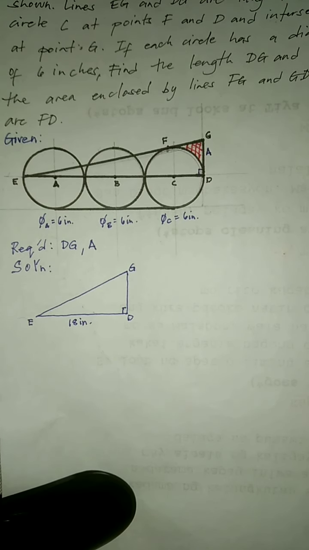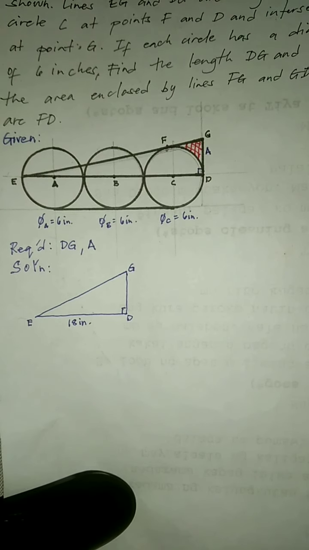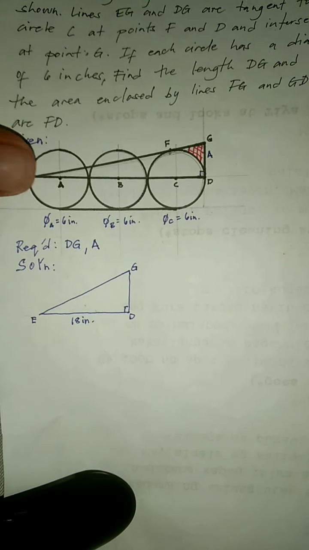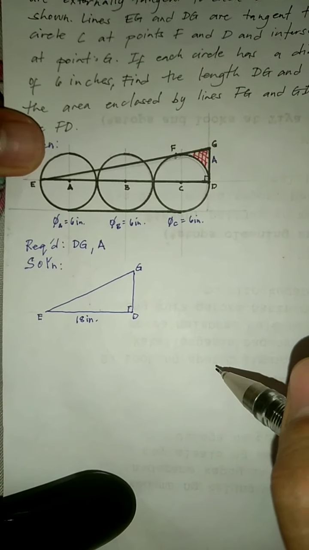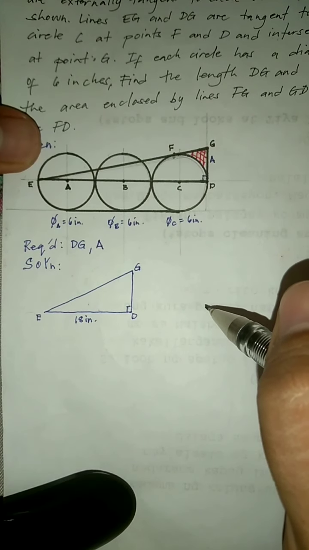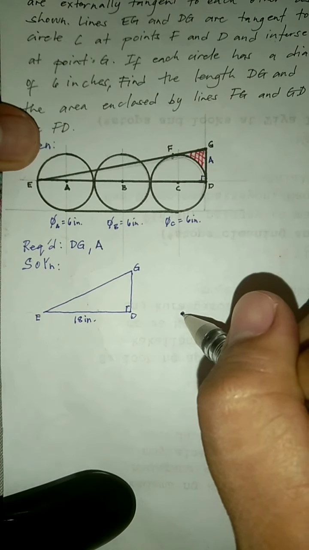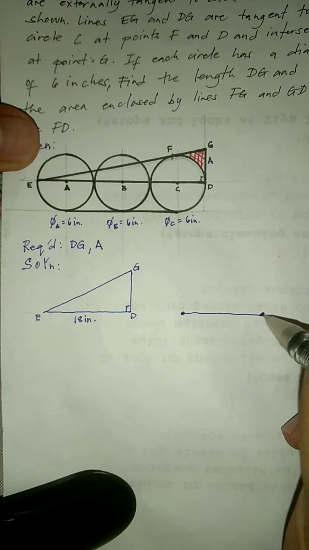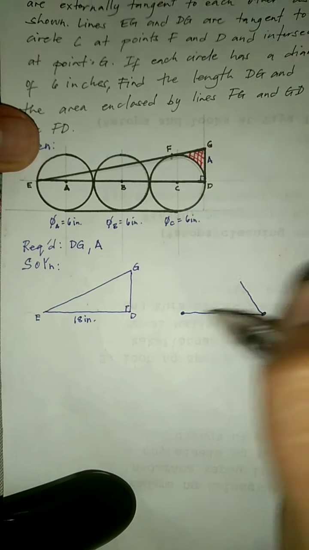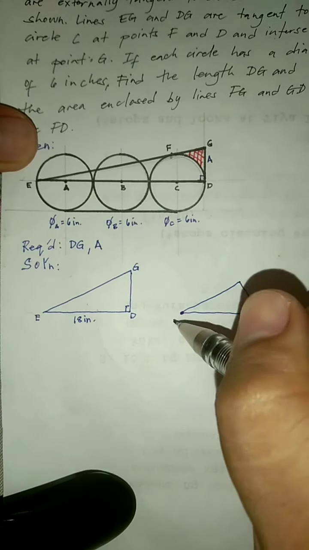So we need another figure that will at least enable us to find some more measurements in triangle EDG that will in turn help us solve for the length of segment DG. Another possible triangle that we can use is triangle EFC. Let me draw that for you here.